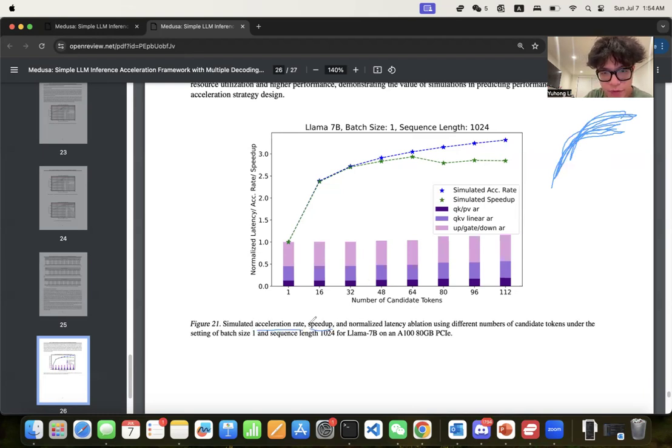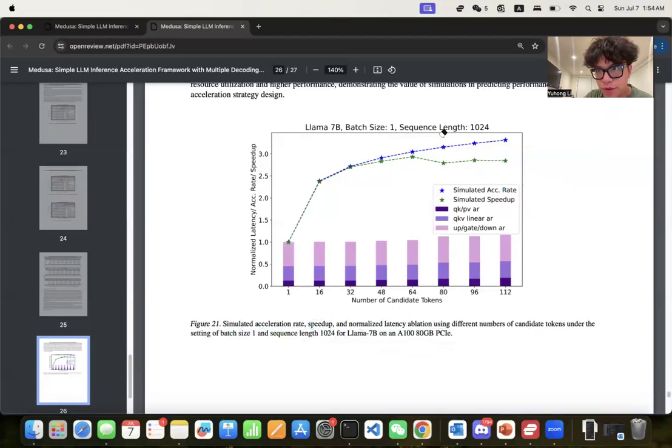We benchmark the speedup and normalized latency using different numbers of candidate tokens under circumstances like batch size 1, sequence length 1024 for Llama 7B. We can see there's a drop after the candidate tokens exceed 64. This just matches the experimental results.